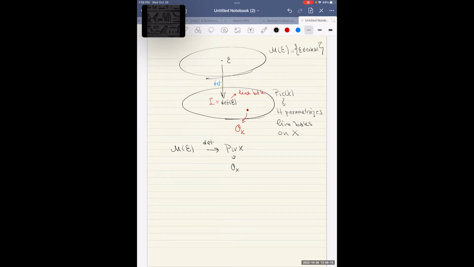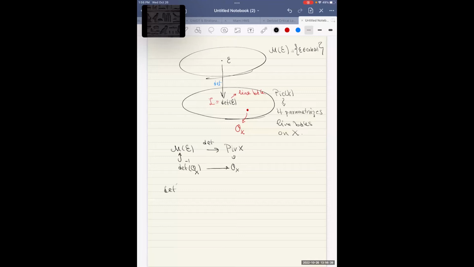I will be looking at those sheaves in the moduli space of coherent sheaves whose determinant is trivial. So I can look at det inverse, the pre-image under the determinant map of O of X, and this thing sits inside here.